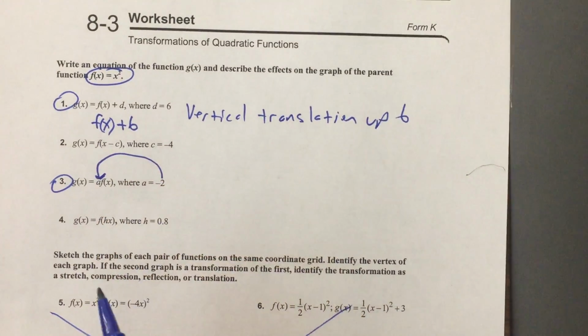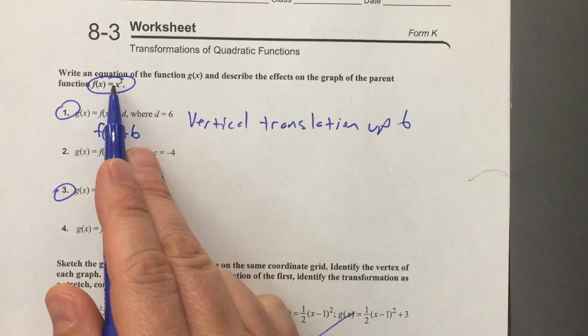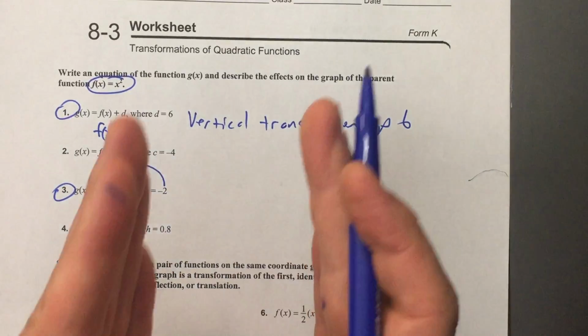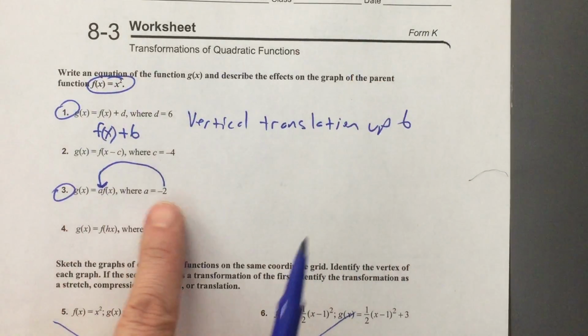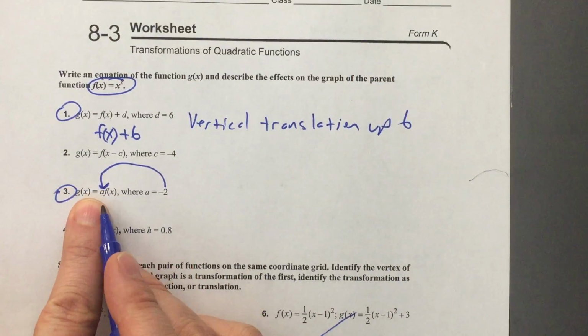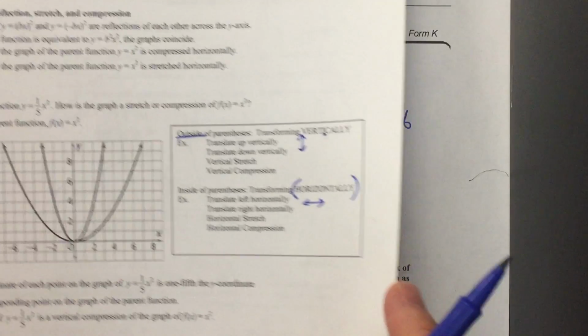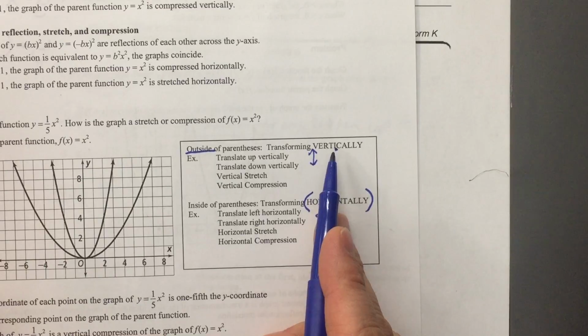So when you put a number in front of that x squared, because f of x is just x squared, right? When you put a number in front, it is going to make it either get skinnier or wider, something like that, right? So notice that -2 is not in parentheses, so it is a vertical change outside of parentheses, another vertical change.